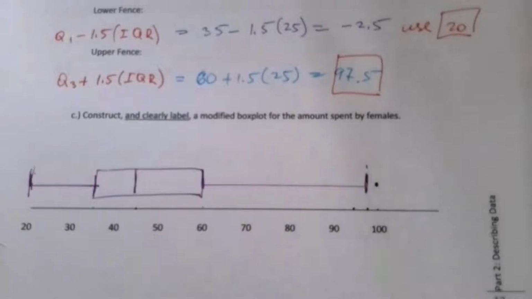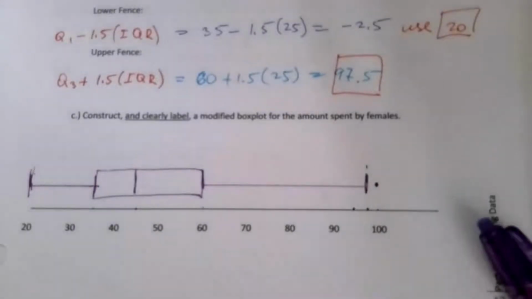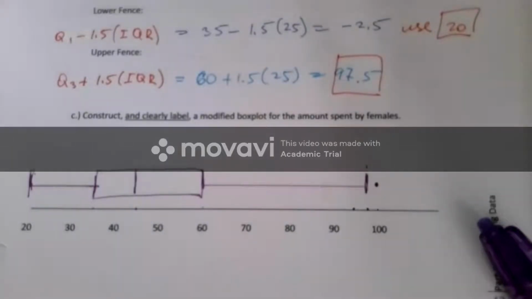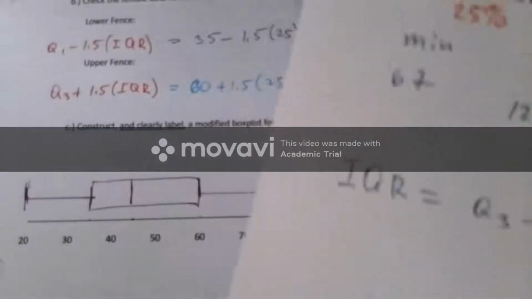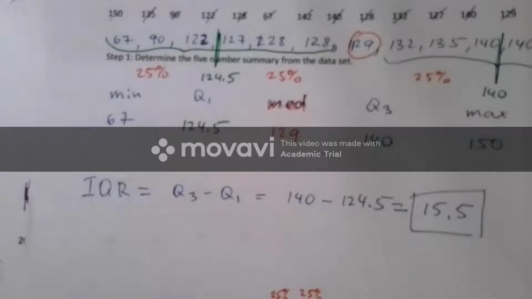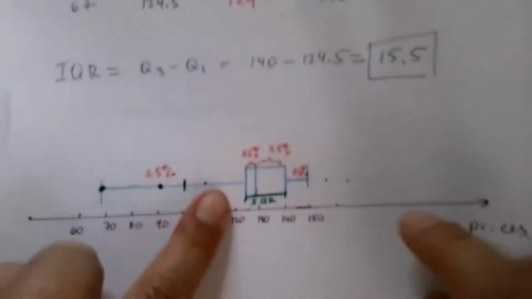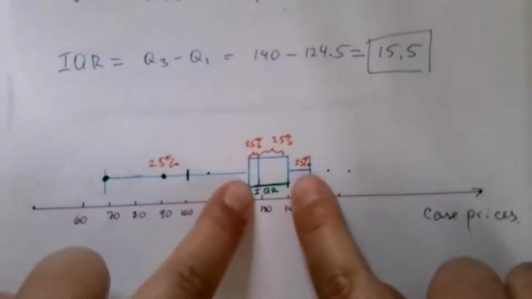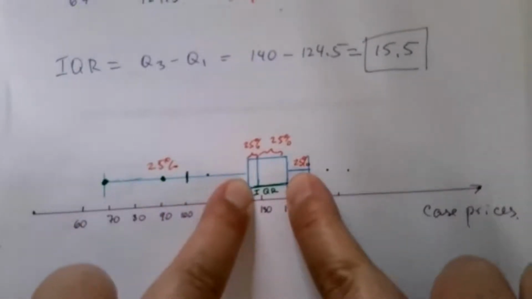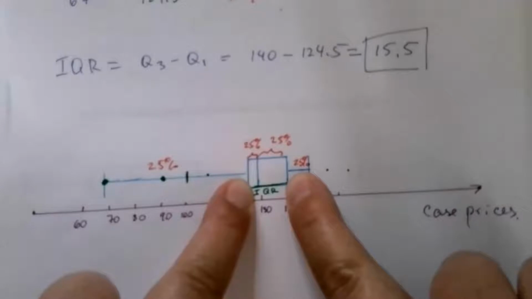Yes. The 1.5, where is that coming from? That's the formula, because remember we said in the video that the whisker should not be longer than IQR times 1.5.